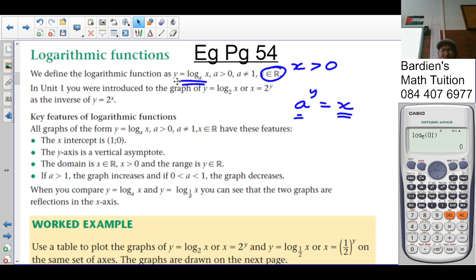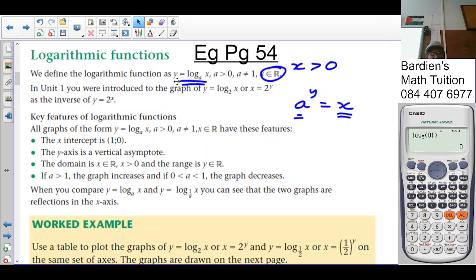The x-intercept is 1. The y-axis is the vertical asymptote. That was clear from our previous drawings, that the log graph's asymptote is the y-axis. The domain is x greater than 0, and the range is y an element of real numbers.